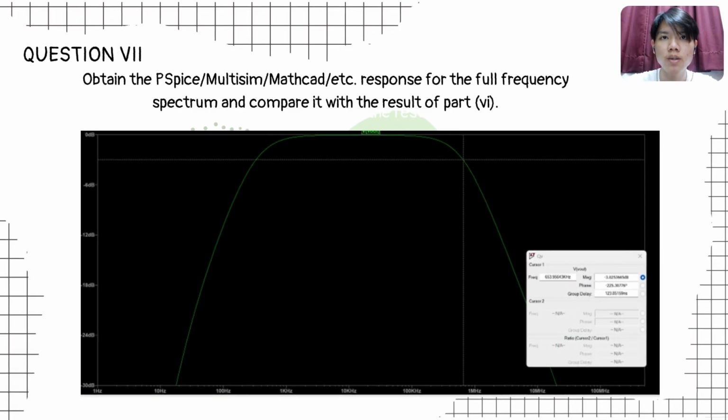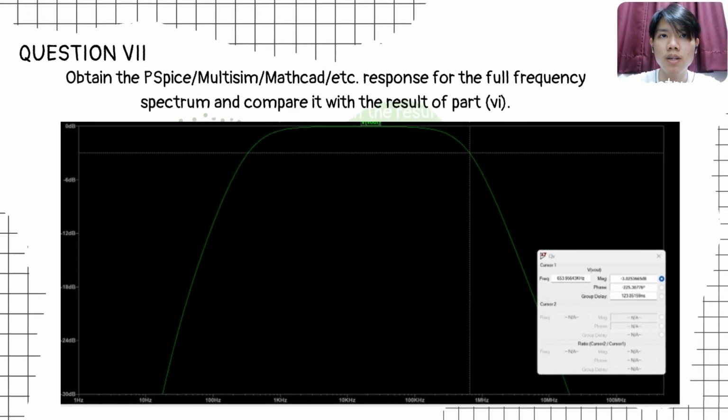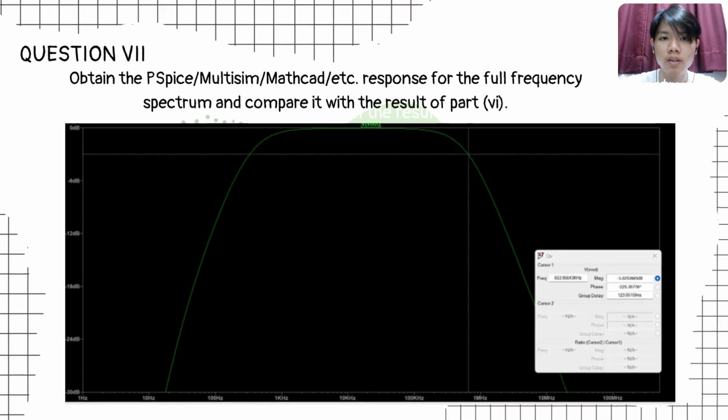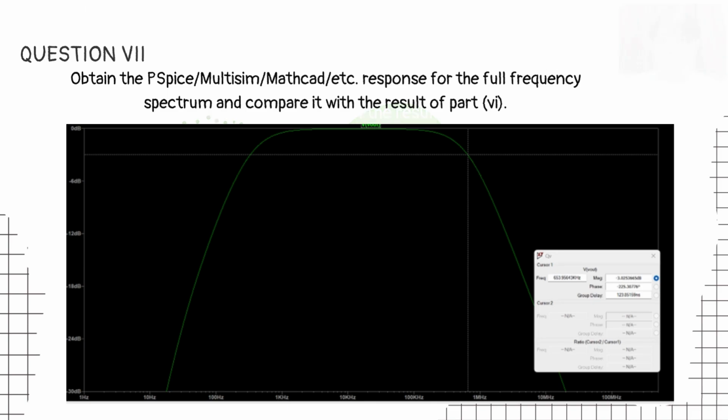For question 7, we are required to display the graph of the full response generated by the LTSpice software, and this is the graph that we obtained. Comparing it with the manually drawn graph in the previous slide, the shape and amplitude of both graphs are the same, which verifies the full response of the amplifier.